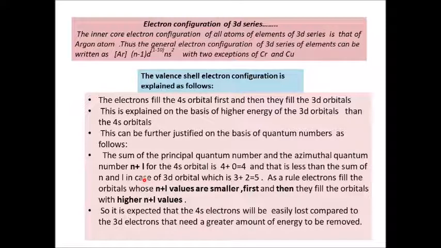As a rule, electrons fill the orbitals whose n plus l values are smaller first, and then they fill the orbitals with higher n plus l values. So it is expected that the 4s electrons will be easily lost compared to the 3d electrons, which need a greater amount of energy, because the 3d level is at a higher energy.